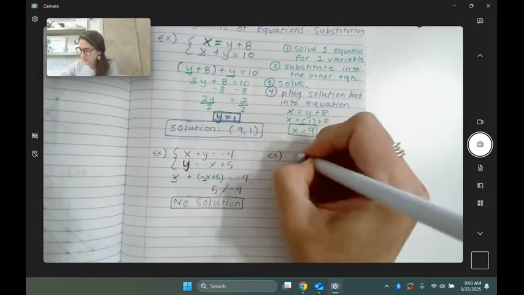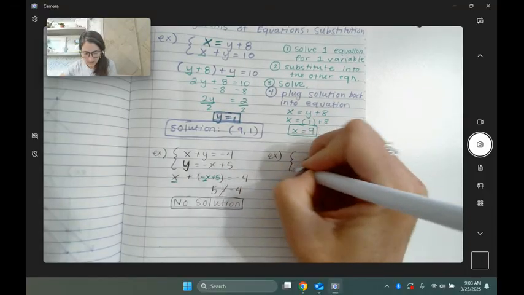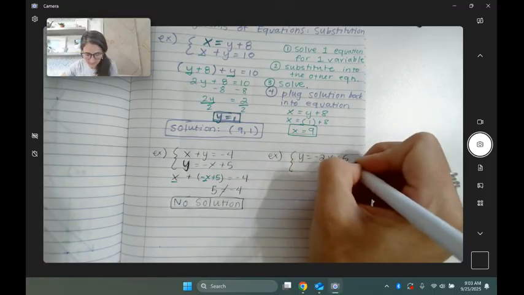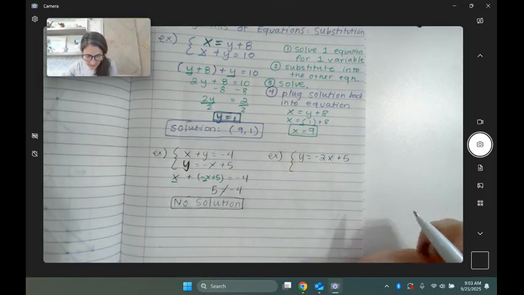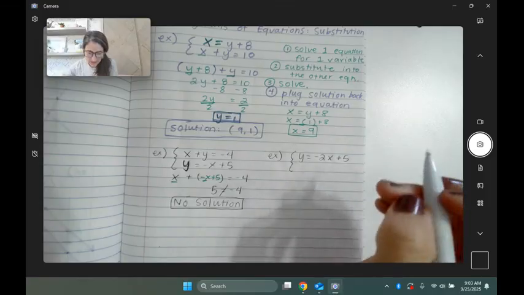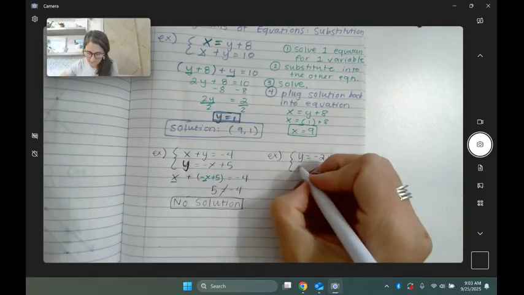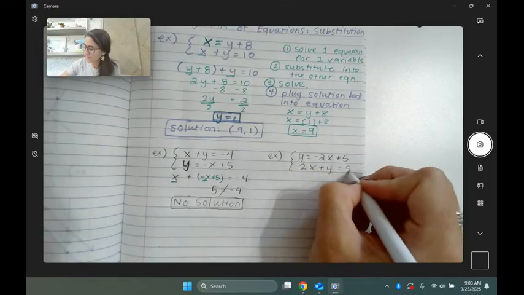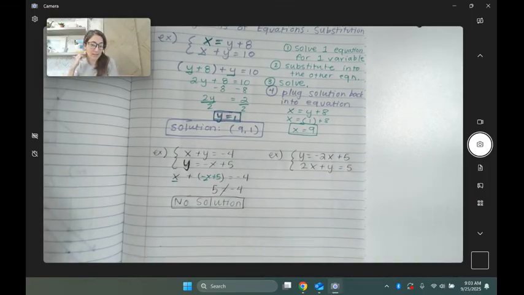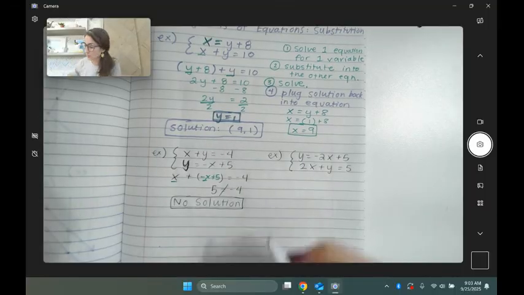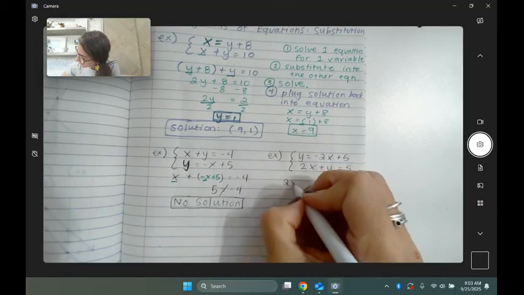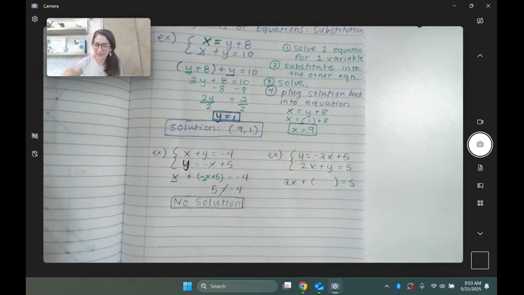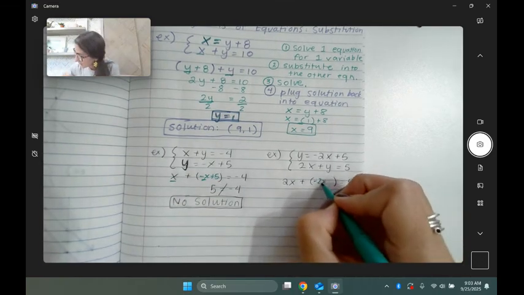All right. Y equals negative 2x plus 5, and 2x plus y equals 5. Okay, so let's plug one into the other. Again, one is already solved. So I'm just going to write out this second equation, 2x plus, instead of y, I'm going to write negative 2x plus 5.